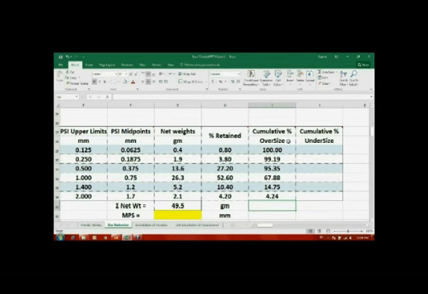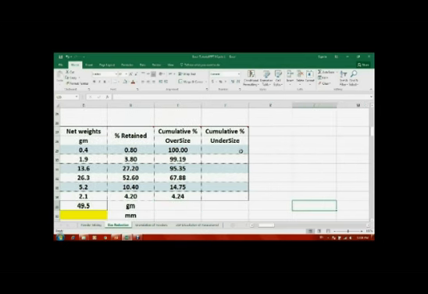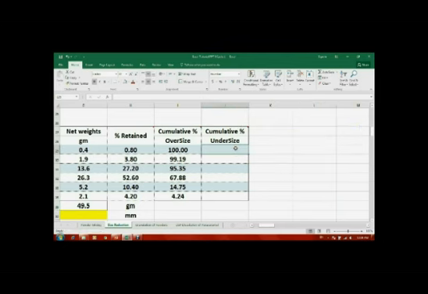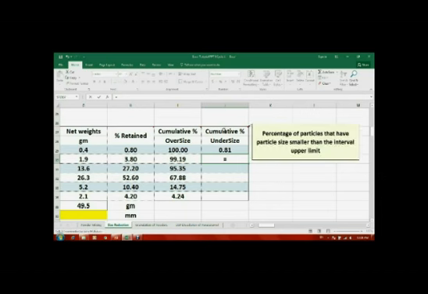Now, calculate cumulative percent undersize, which is, by definition, the percentage of particles that have particle size smaller than the interval upper limit. Then, for the first interval, it will be equal to the amount of particles retained in this interval divided by the summation of net weights times 100%.